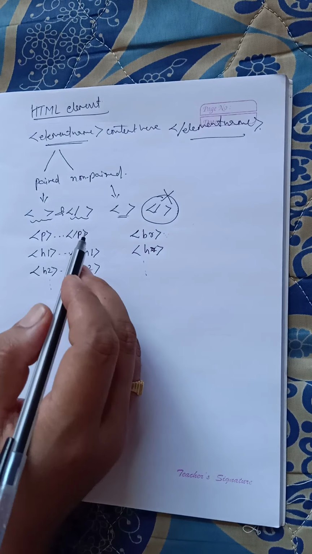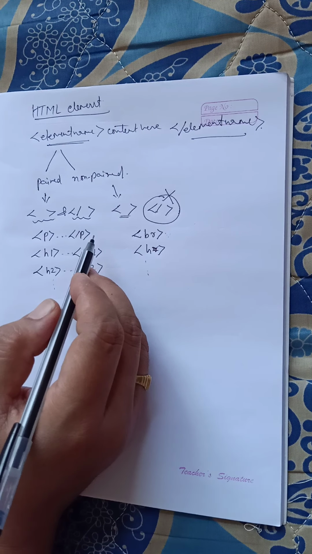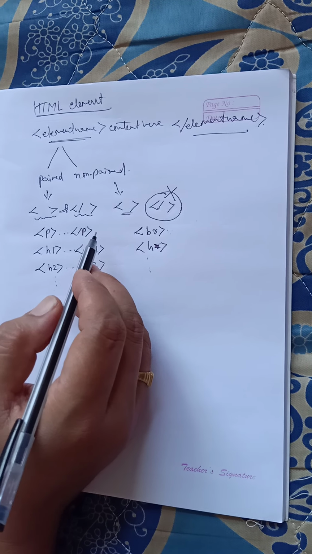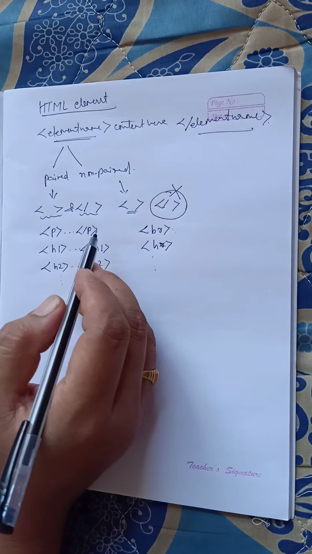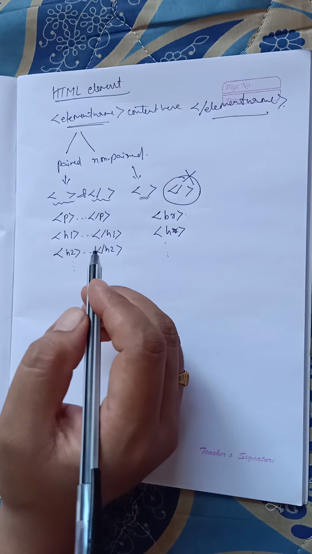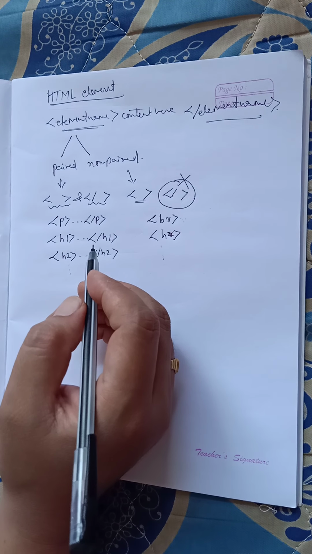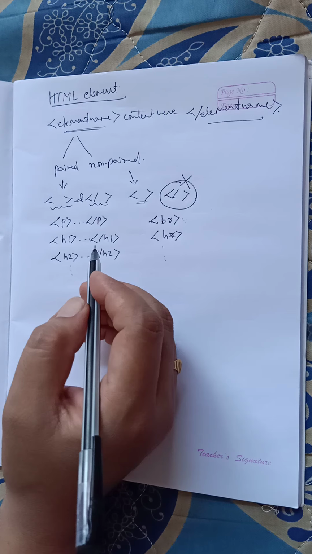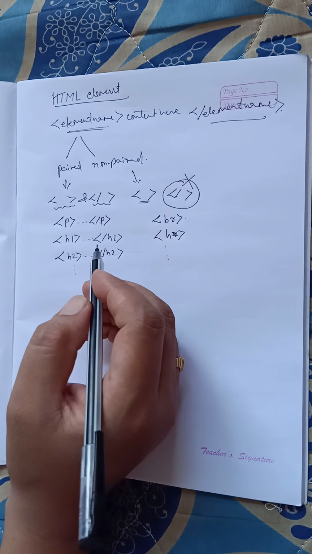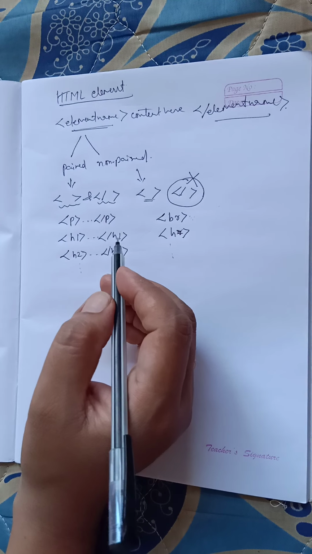Now whenever we are writing a tag, this is a tag. In a tag, I can use some attributes and give them some values, so that in HTML itself I can give some sort of styling. Okay, for example, if I want to display an image, it may happen that the image size is very large.